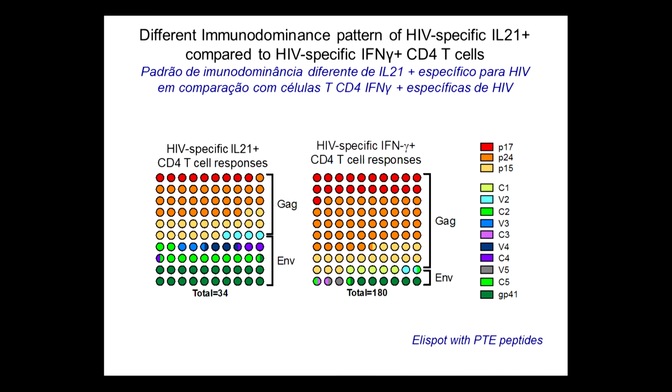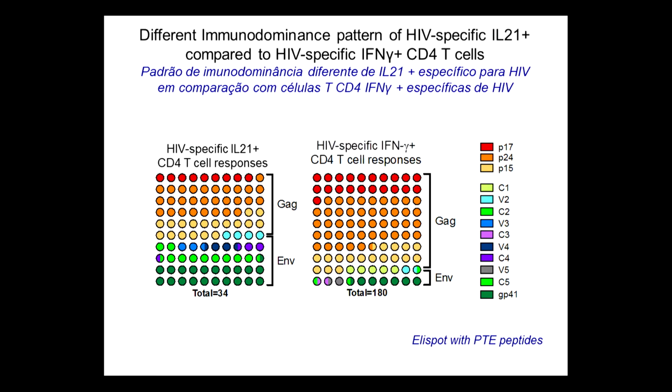So I showed you earlier the interferon gamma responses that are predominantly against Gag and a little bit of envelope. In the HIV-specific IL-21 responses in the same individuals, we find much more targeting of the envelope region.